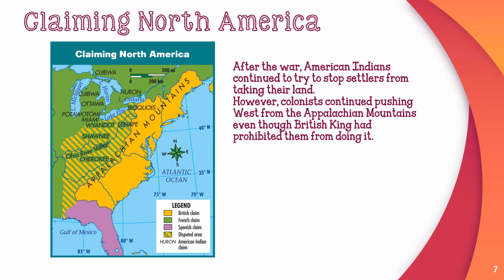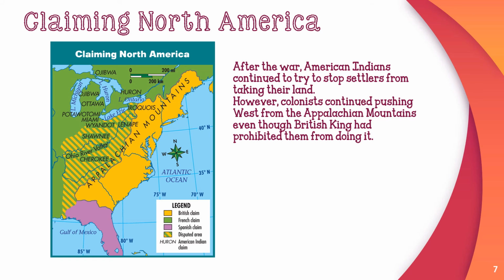And on this slide, you can see the map that shows us the area in dispute. So if you look at the legend, we have what belongs to the British, or what was claimed by the British, the French claim, the Spanish claim, who even though did not participate in this war, they also were a European country who claimed area in North America, and the disputed area where the American Indians lived.